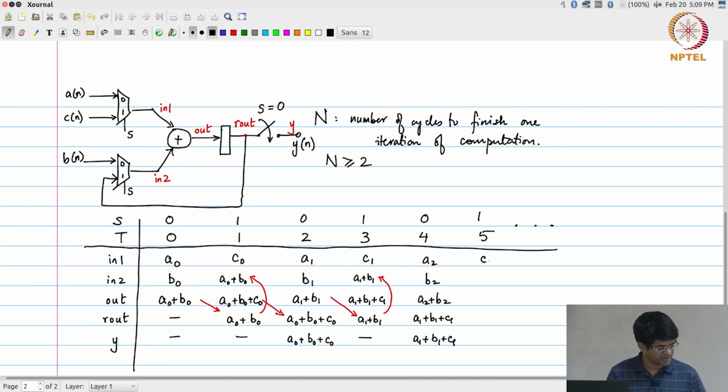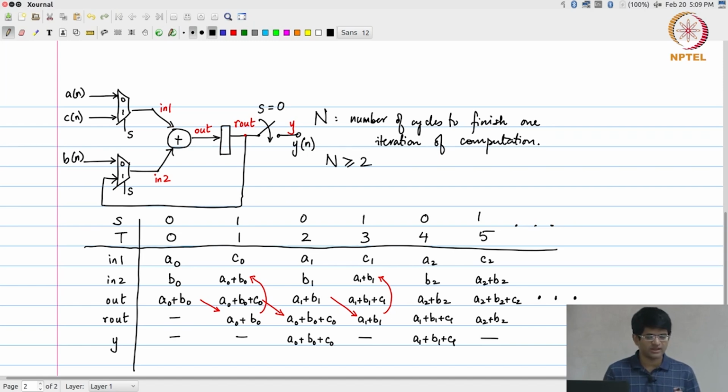And at the next time instant I would have C2, A2 plus B2, A2 plus B2 plus C2, A2 plus B2, and y should remain blank. And in this way the entire sequence continues.